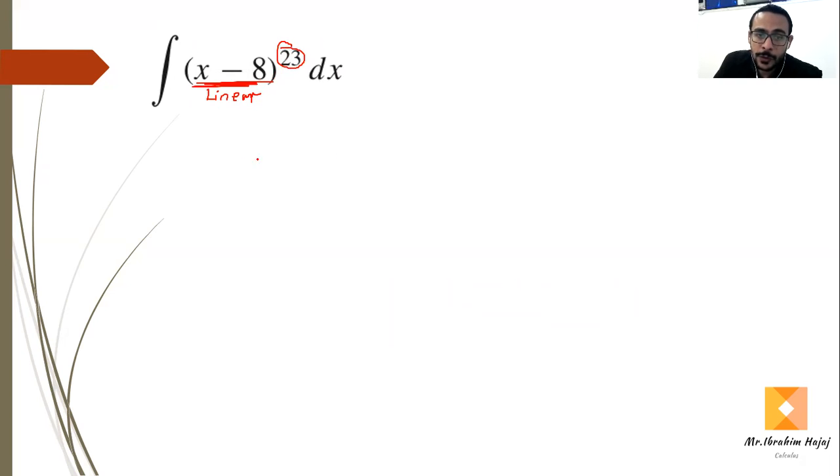So also you can do it by using the U substitution method, or because it's linear you can do it: add 1 to the exponent and divide by the new exponent plus c, directly. You can do it quickly like this because x minus 8 is linear, divided by 1. What is the 1? The coefficient of x here. So if I had 3x minus 8, we would have to divide by 3 and so on.